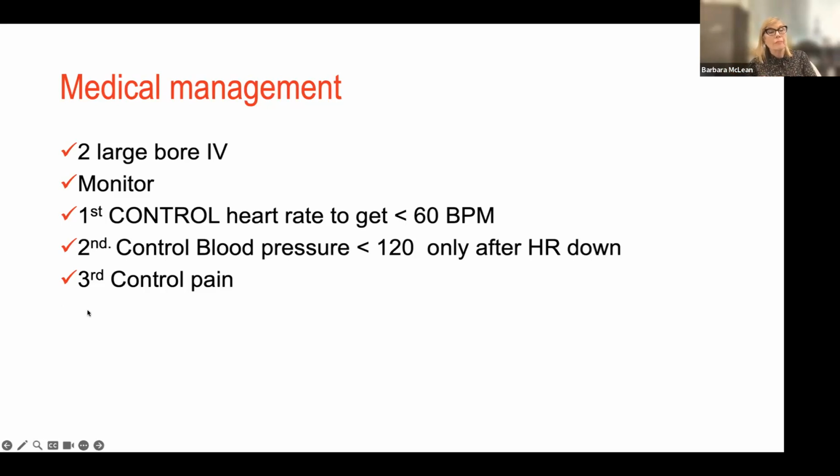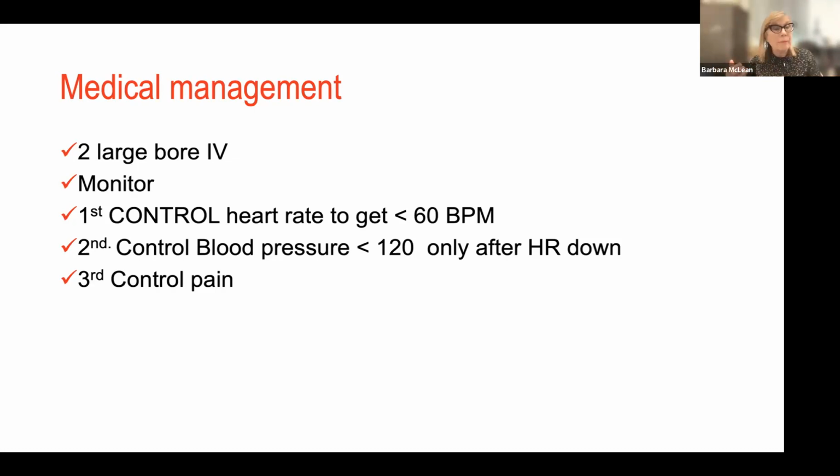And third, even though your inclination is to do it first, step 1 and step 2, I'm saving your life. Step 3, I'm saving your life and reducing your pain. So I'm going to do step 1 and step 2, and I may even do them close to the same time, but I've got to get that blood pressure down before I vasodilate you. And then I'm going to control your pain.